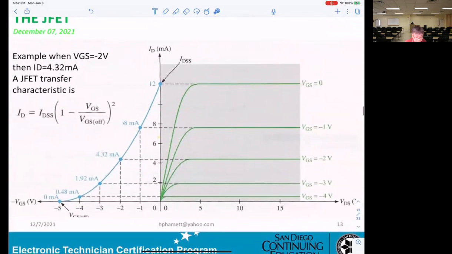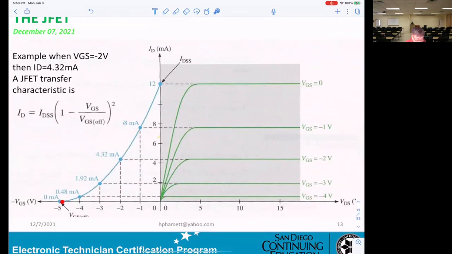And now, basically, this is the equation to calculate the ID. ID equals IDSS times (1 minus VGS over VGS off) squared. This represents this curve right here.